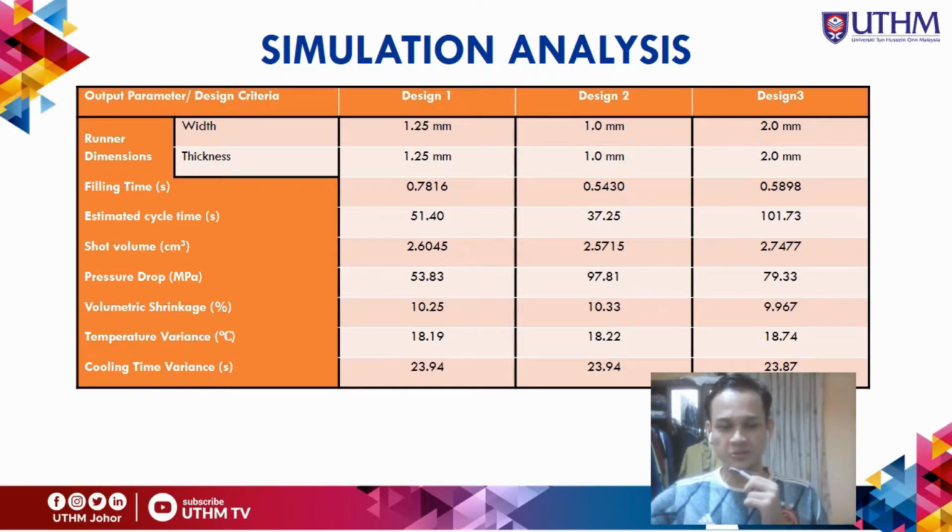I am here to present the simulation, the result and discussion. This is table 4.1, the comparison of data gained in a simulation. Based on the table, design 3 has the largest runner dimension, followed by design 1 and design 2.